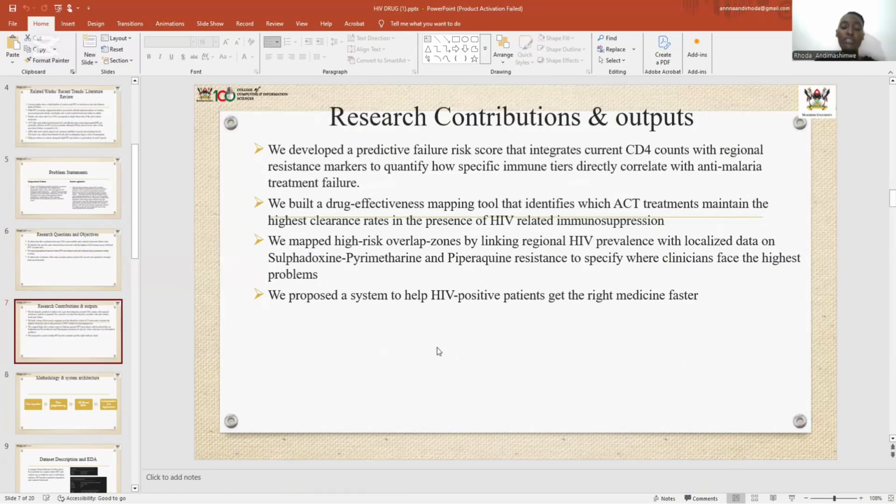Then we map high risk overlap zones by linking regional HIV prevalence with localized data on the resistance treatment. And then we proposed a system to help HIV positive patients get the right medicine.